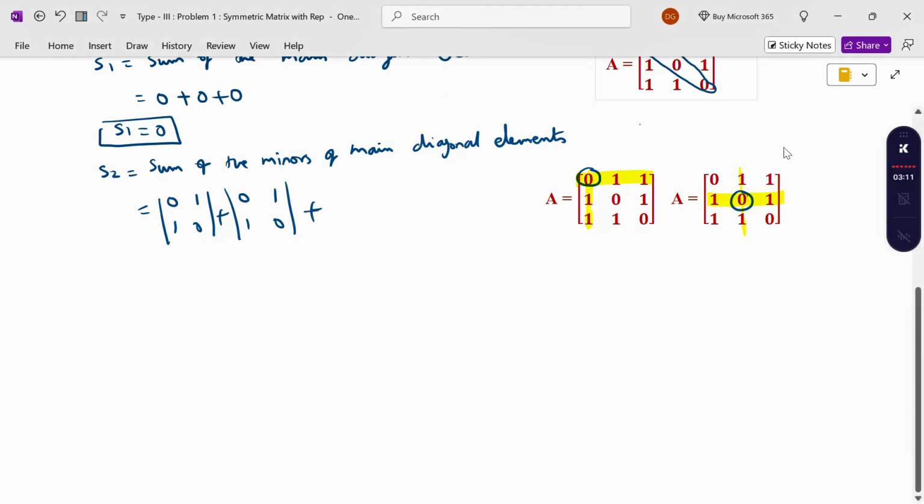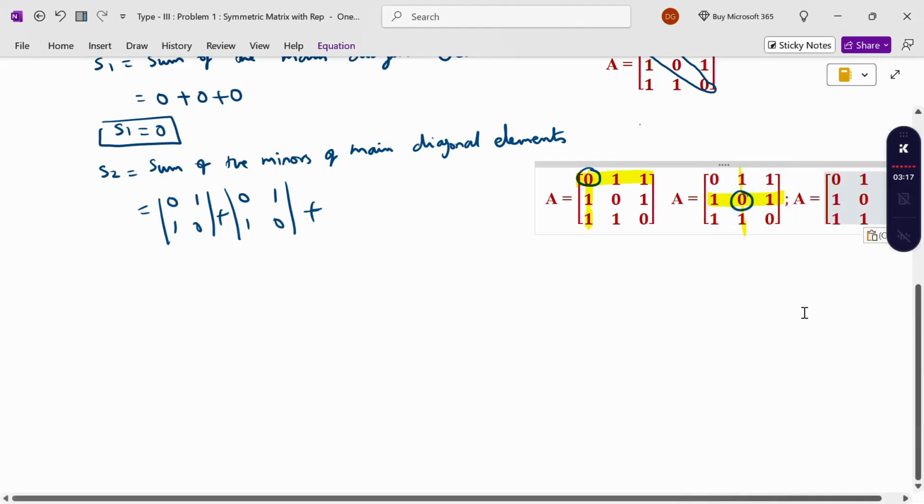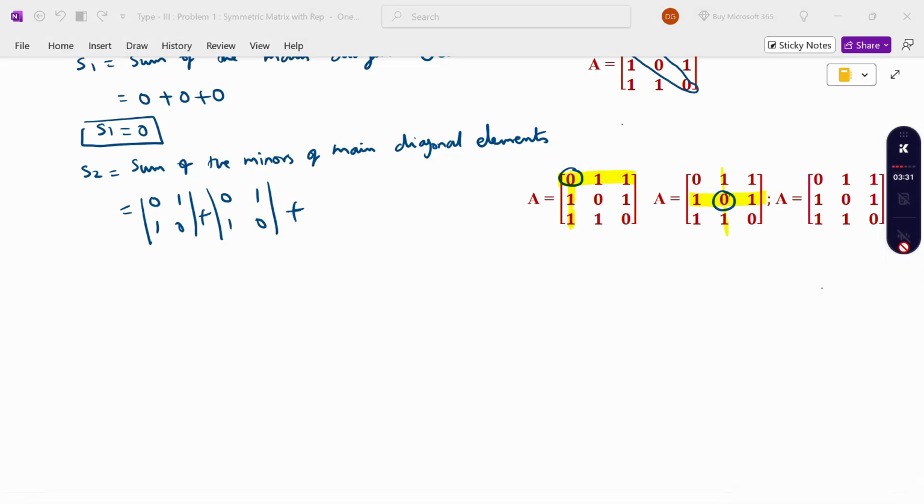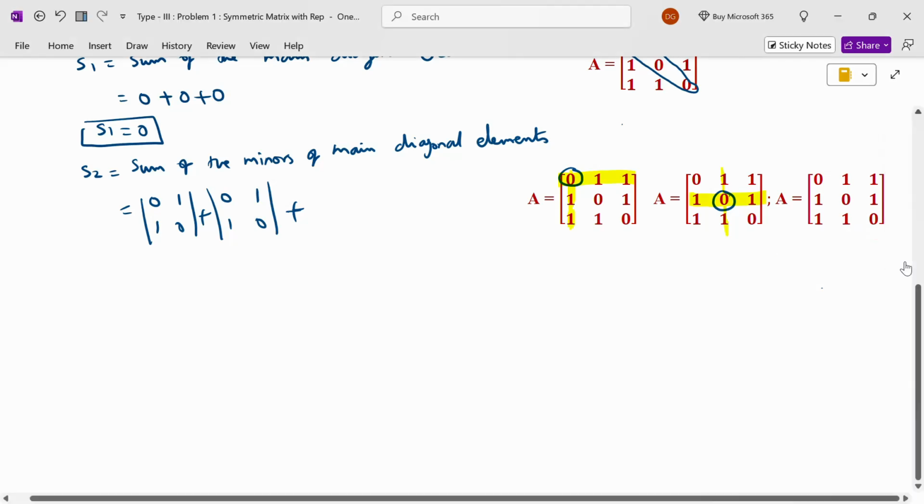Then the third diagonal, now I'll take this third one. This is our third diagonal I am taking.